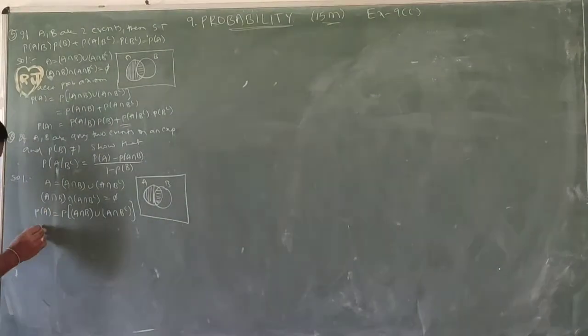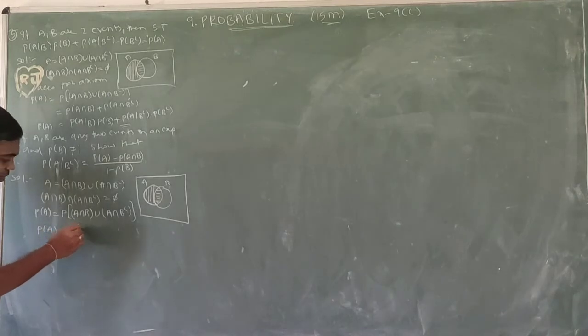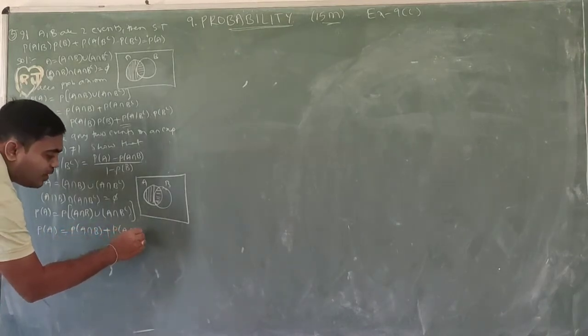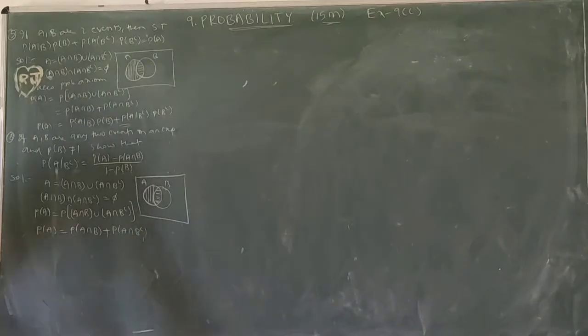So P of A equals P of A intersection B plus P of A intersection B complement according to the probability axiom.